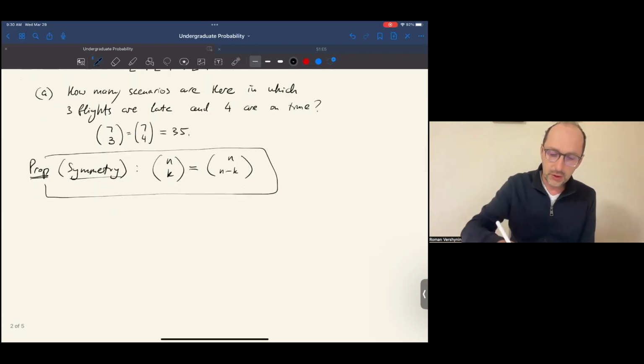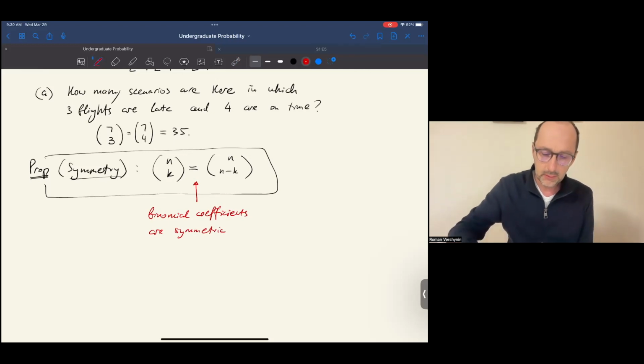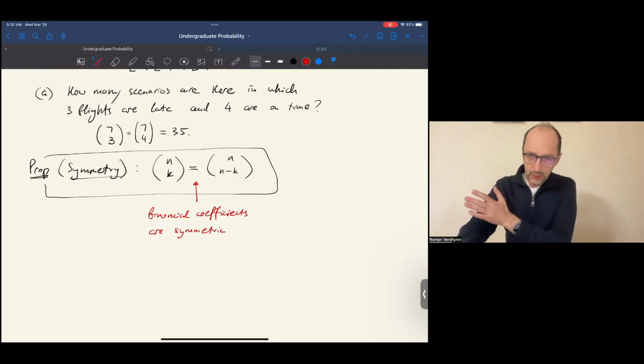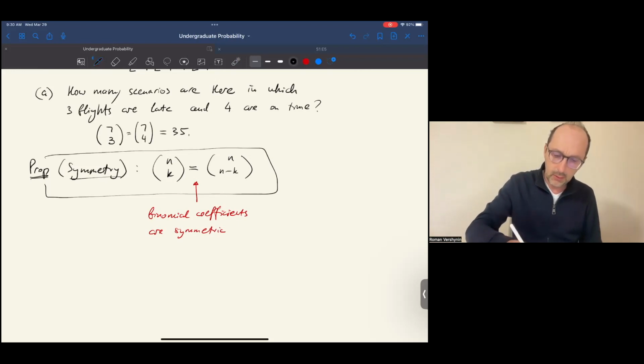What this formula shows is that the binomial coefficients are symmetric. Imagine what happens if I slide k from 0 toward n. First k is small and n minus k is large.